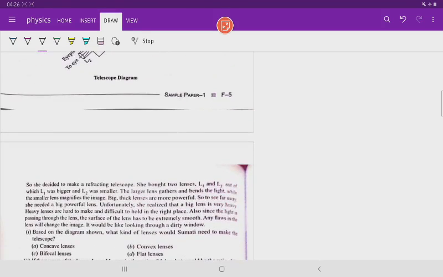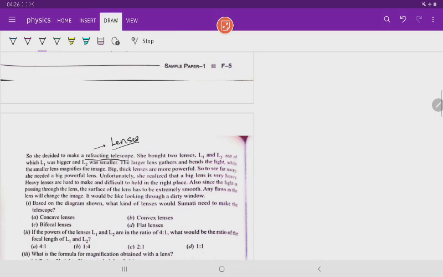So she decides to make a refracting telescope. If she is deciding to make a refracting telescope, she has to use what? Lenses, but not mirrors. She bought two lenses, L1 and L2, out of which L1 was bigger, L2 was smaller. If L1 was bigger, it has a larger radius of curvature.